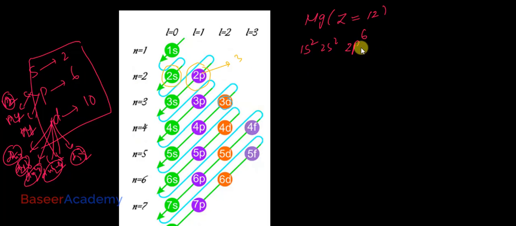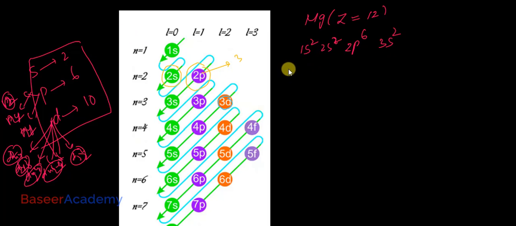So 6 electrons will go into 2p orbital. After 2p, they are going into 3s orbital. s can have a maximum of 2 electrons, right? So 2 plus 2 is 4, 4 plus 6 is 10, 10 plus 2 is 12. So all the 12 electrons got occupied. So this is the electronic configuration for magnesium: 1s2, 2s2, 2p6, 3s2.